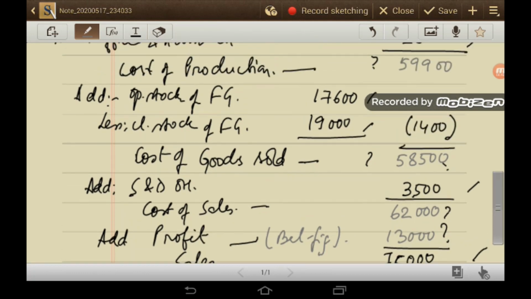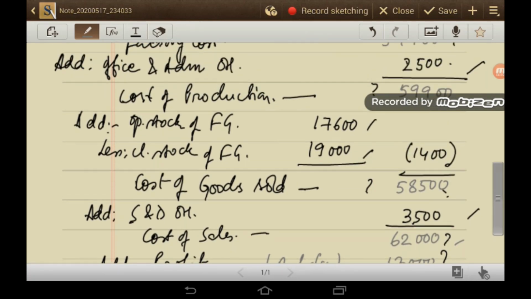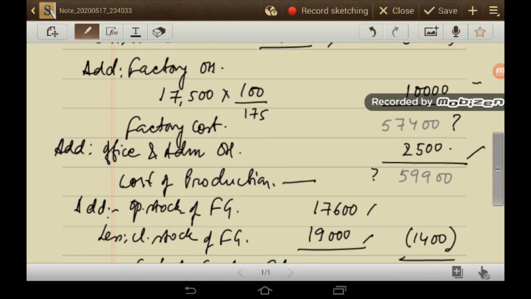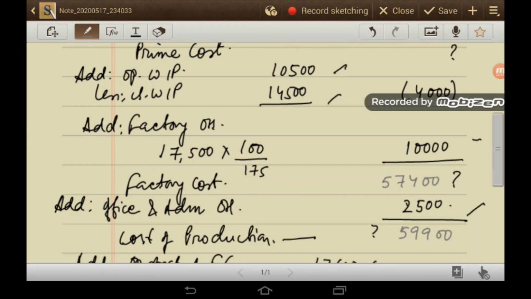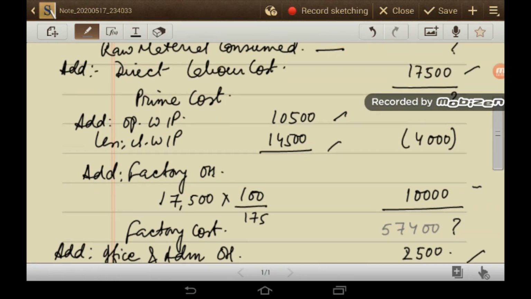Now moving upward, from sales. So these are the missing figures which I have found out. Cost of sales and profit, cost of goods sold, cost of production, factory cost we have found out. Then what is the value of prime cost? So prime cost will be 51,400. How?